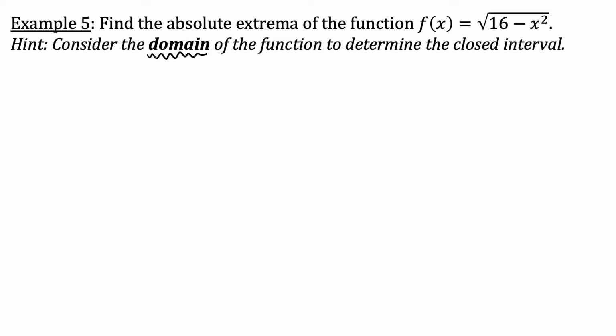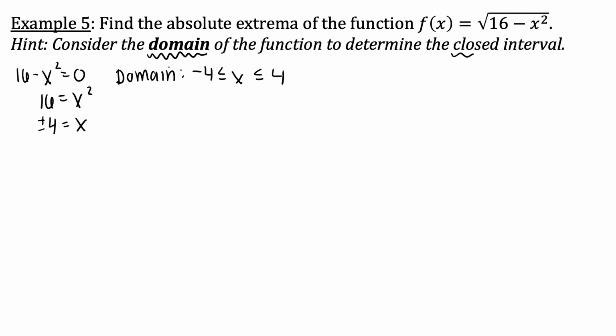If we think about the square root of 16 minus x squared, we know we cannot put a negative value inside our square root. So our domain of this function, thinking about the zeros of the inside, 16 minus x squared equals 0, we know the domain would be all values between -4 and +4.